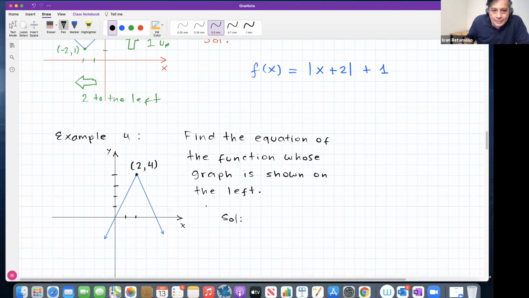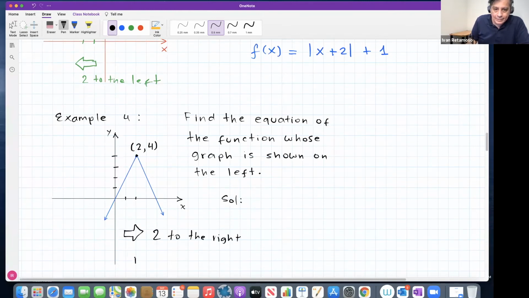So this is saying that your function, the vertex was moved 2 to the right, and 4 units up, right?